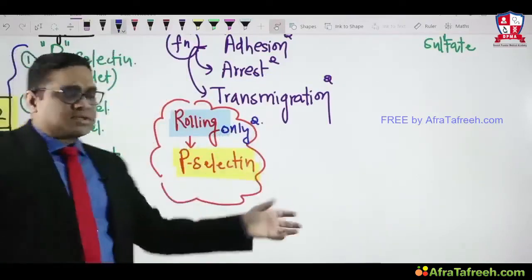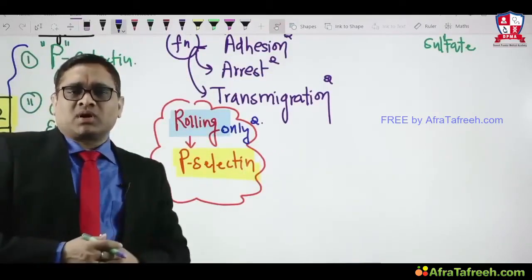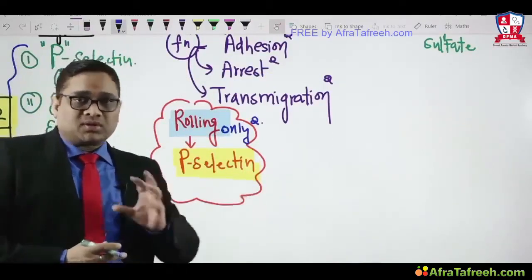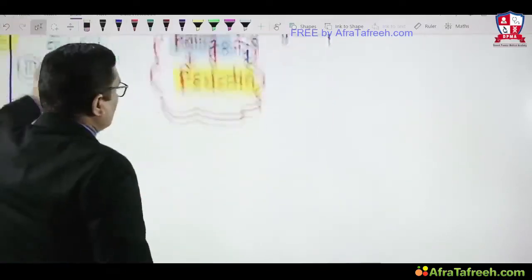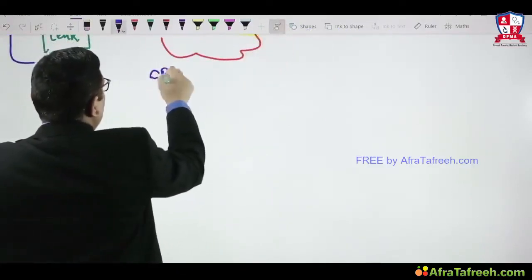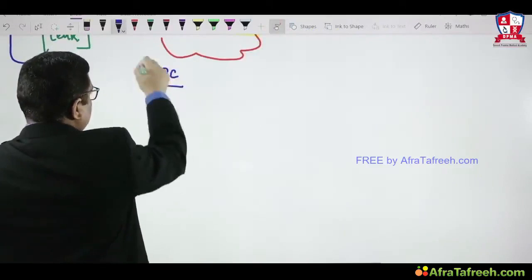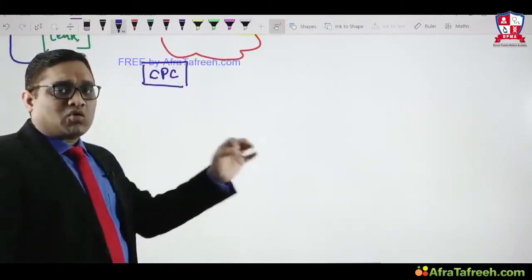So now we have seen these adhesion molecules. Now I am going to tell you the clinicopathological correlation of these adhesion molecules, which is also very important. In short, we say CPC, clinicopathological correlation.